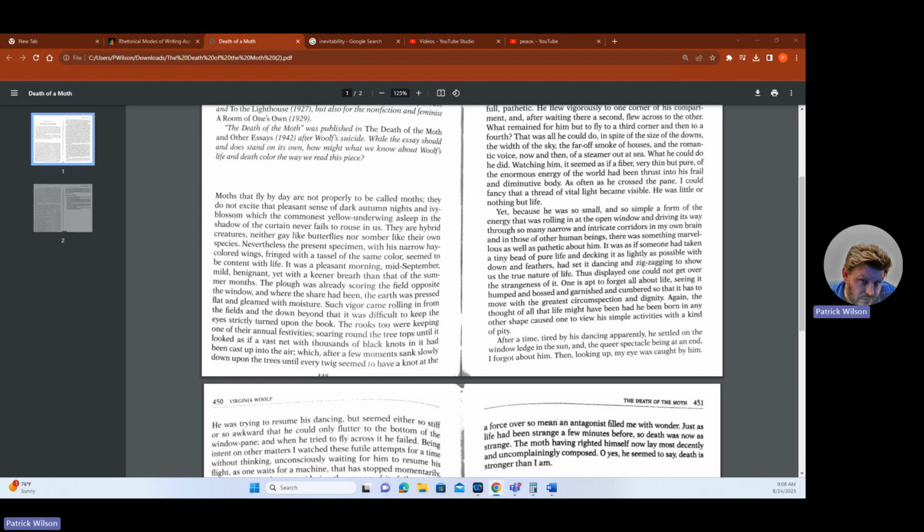In conclusion, The Death of the Moth is a reflective piece that employs the struggles of a moth as a metaphor to explore existential themes of life, death, and the human experience. Woolf's elegant prose and insightful observation make the essay a thought-provoking exploration of the delicate balance between life's vitality and its inevitable conclusion.